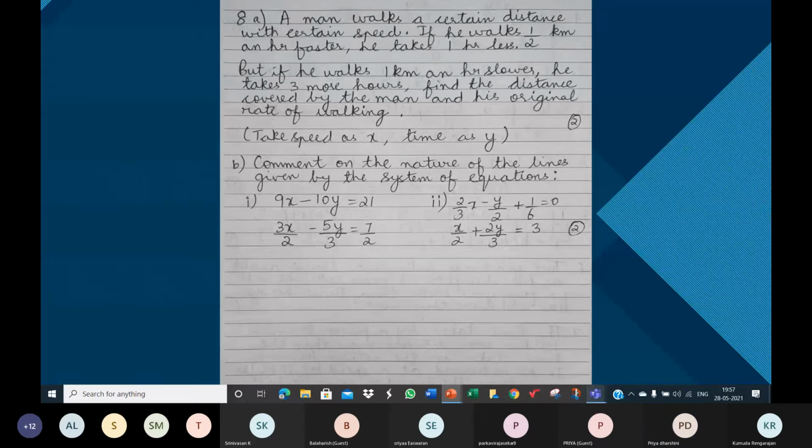Ma'am, for the first one, the two equations are the same, ma'am. Use a technical term, right? Use a term from the chapter.